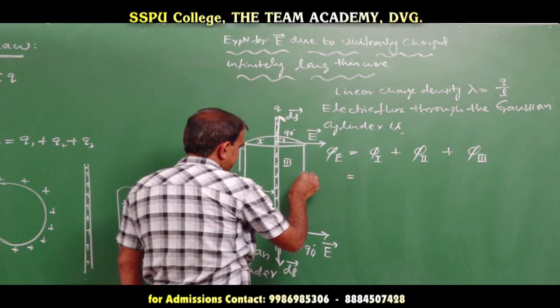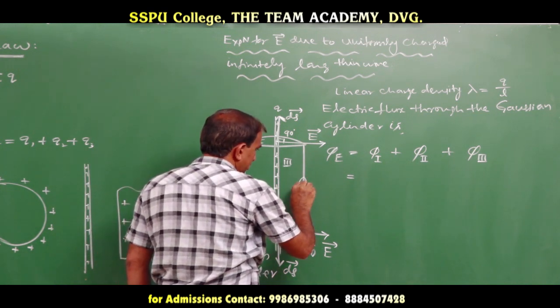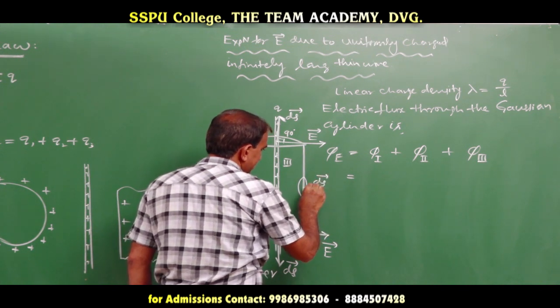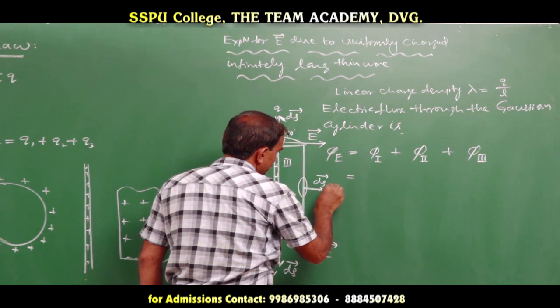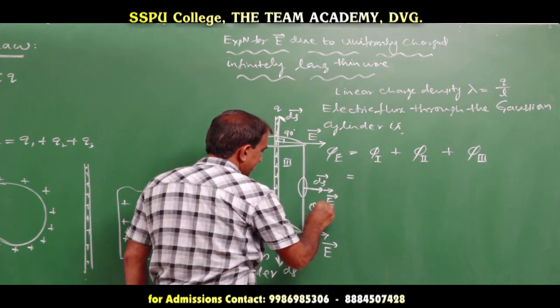In case of the curved surface of the cylinder, suppose this is the area vector ds and the electric intensity vector E is also in the same direction. Here theta is equal to 0.